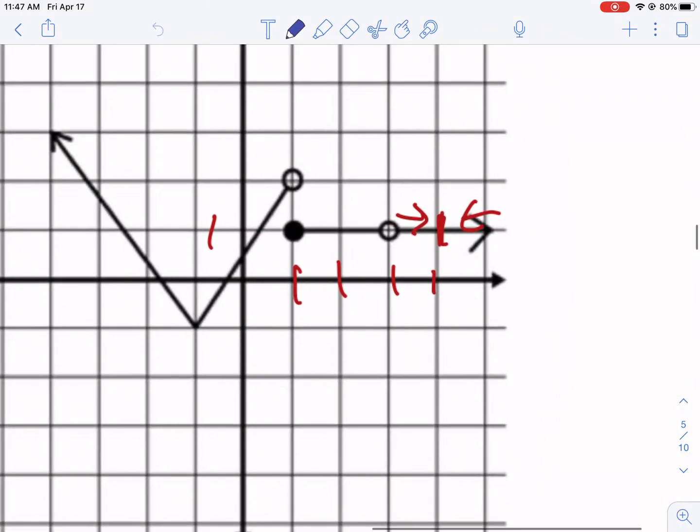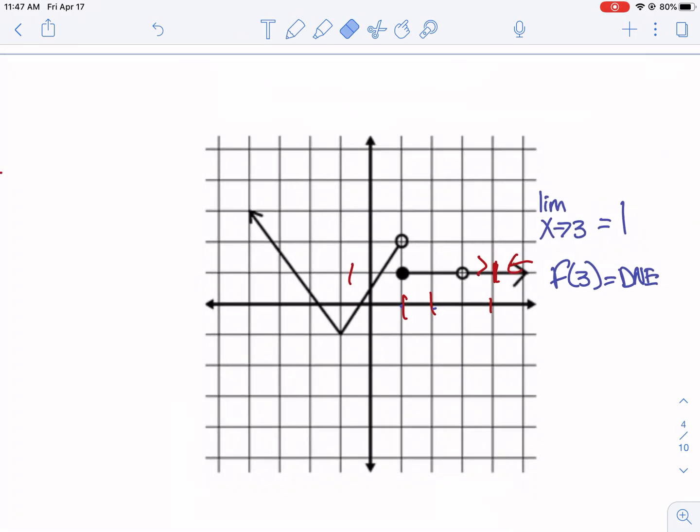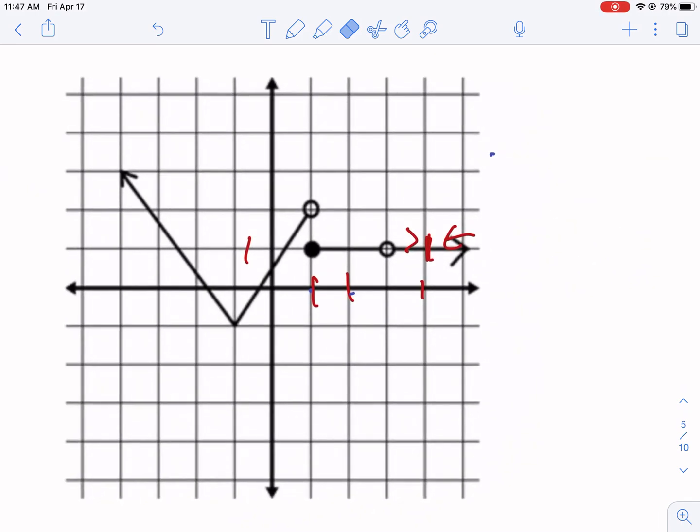So if I come back to here, if we looked at the limit as x approaches 3, technically f of 3 does not exist, right? Because there's this hole right here. But since the value of 1 fills that hole, that is why the limit is 1, okay? That is what it means. The main time limits don't exist is when they have two different values, okay?